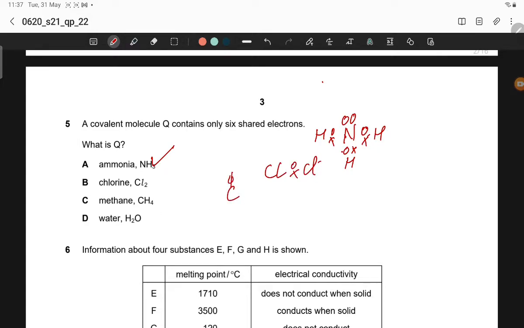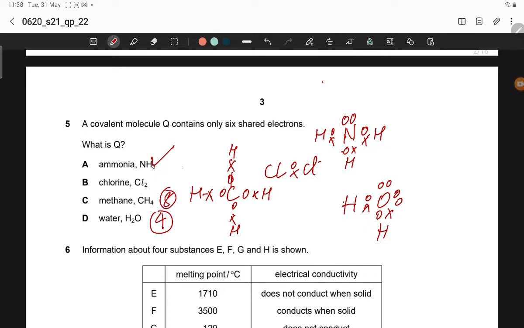Methane has 8 shared electrons. Water has 4 shared electrons. And ammonia has 6 shared electrons. So option A must be correct.